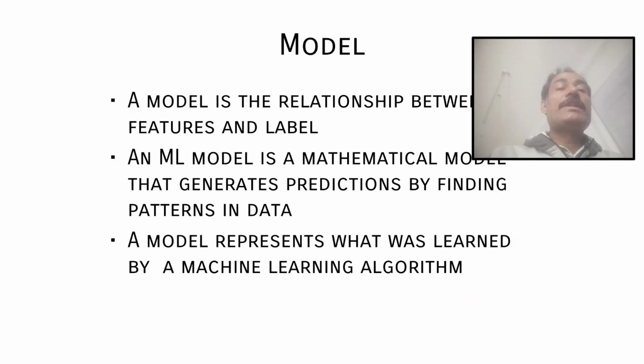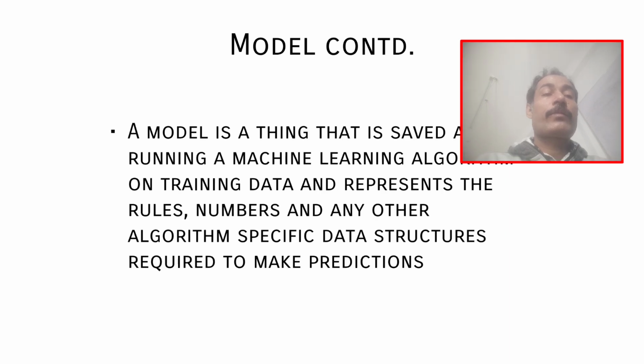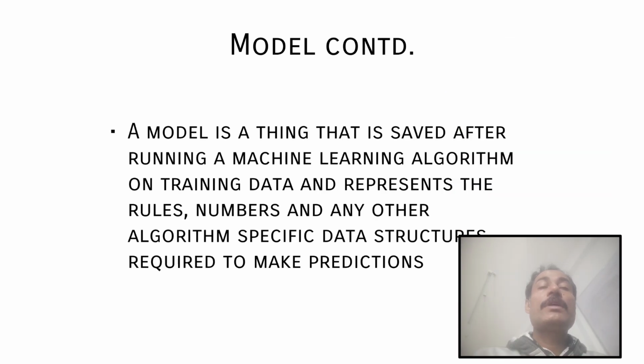A model represents what was learned by a machine learning algorithm. A model is a thing that is saved after running a machine learning algorithm on training data, and it represents the rules, numbers, and any other algorithm-specific data structures required to make predictions.